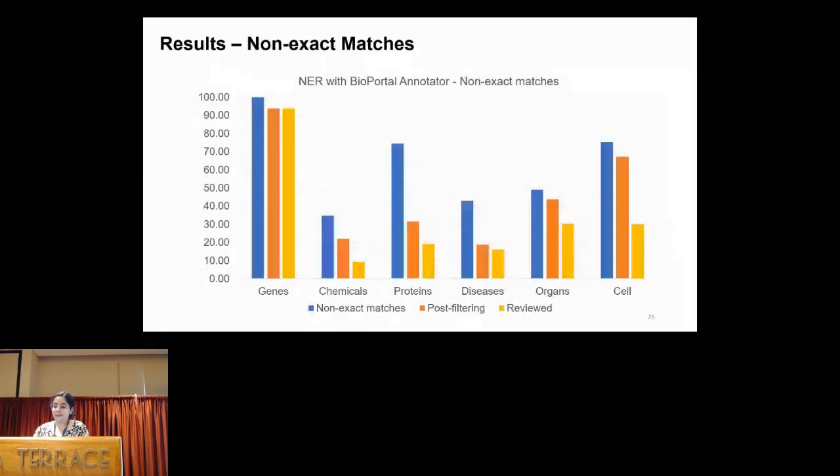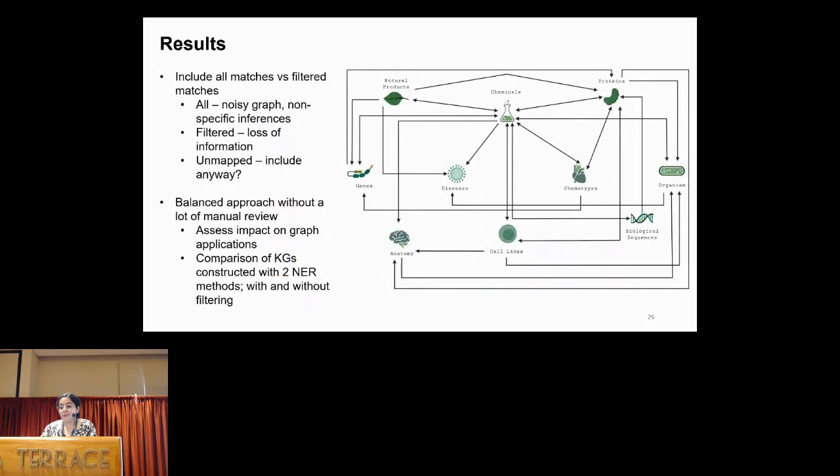And so looking at the distribution after filtering and manual review, there was a definite drop in the number of concepts that were matched. Assuming that all of these concepts would be later included as nodes in the knowledge graph, this gives you an idea of how much information loss there might be if we're using just the manually reviewed ones, just the filtered ones, or all non-exact matches that we are not sure what the quality is like. And so the options after review were we could include all matches into the graph.